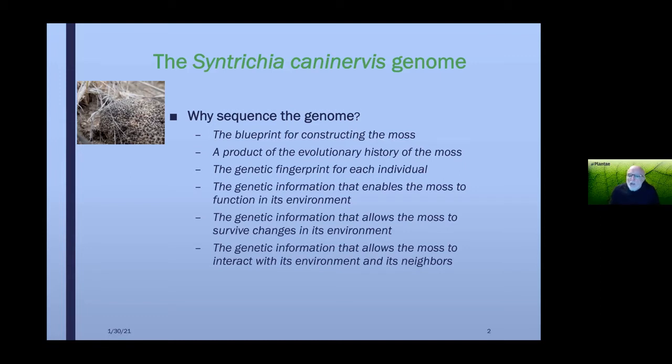And then finally, it gives us the genetic information that allows the moss to interact with its environment and with its neighbors: how it takes up nutrients, how it deals with competition, how it deals with other organisms that surround it.